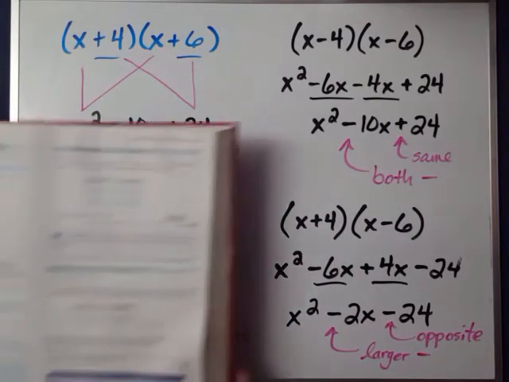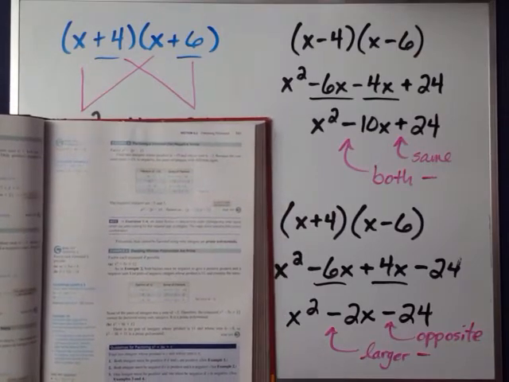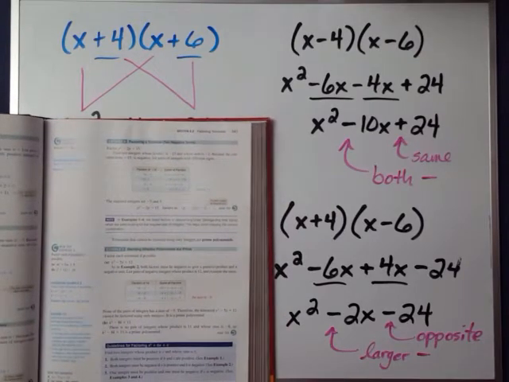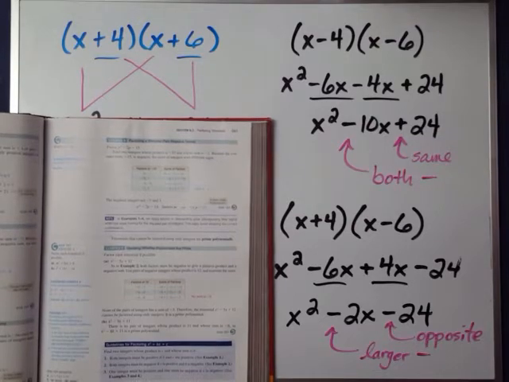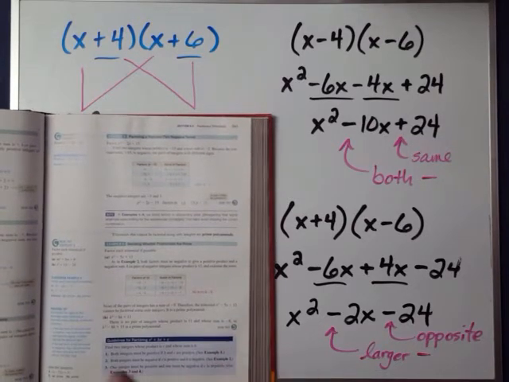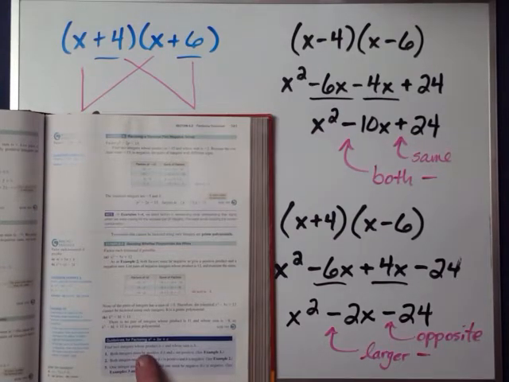Now, in the textbook, she says the same thing here at the bottom of page 341. She describes it in words, saying that we're going to find two integers. We're factoring x squared plus bx plus c. Do you see that in the title of the blue box?